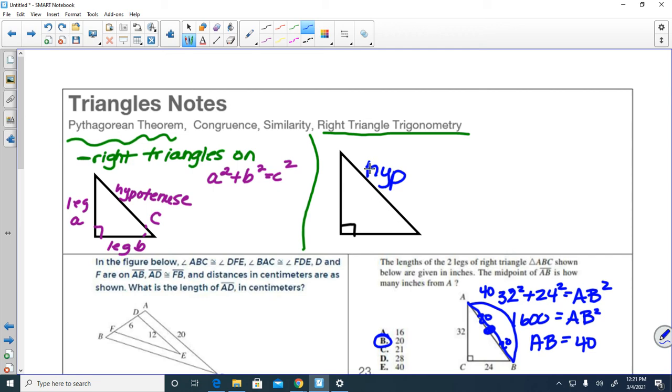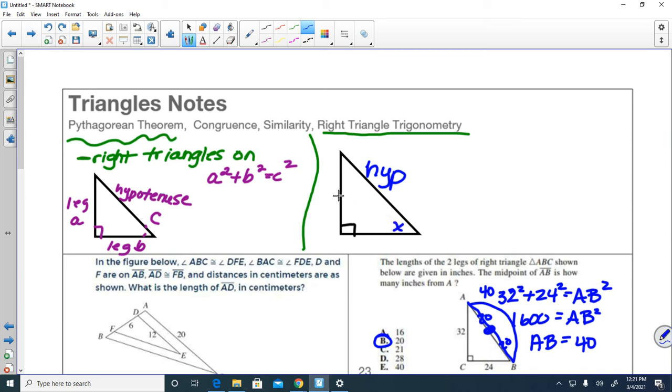Then it depends on what angle you're looking at. Usually there'll be an angle labeled, so let's put this angle right here. Then you'll have two other sides called the opposite side and the adjacent side. The opposite side is the side opposite this angle.